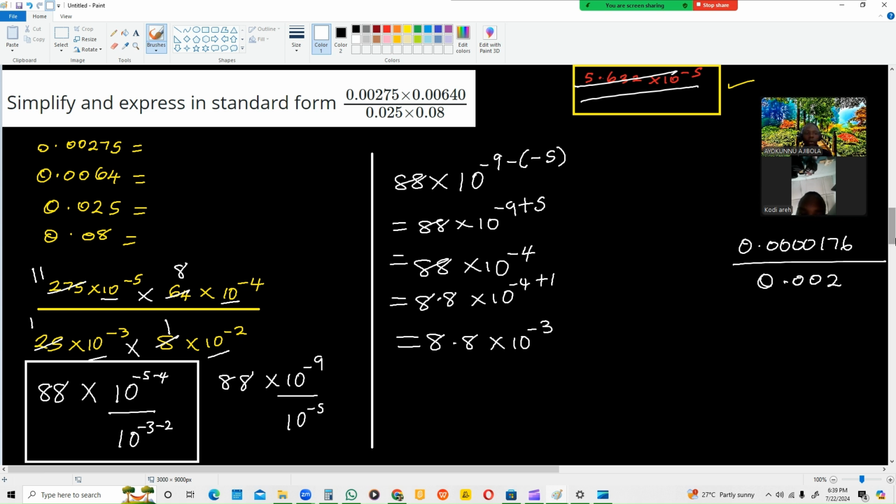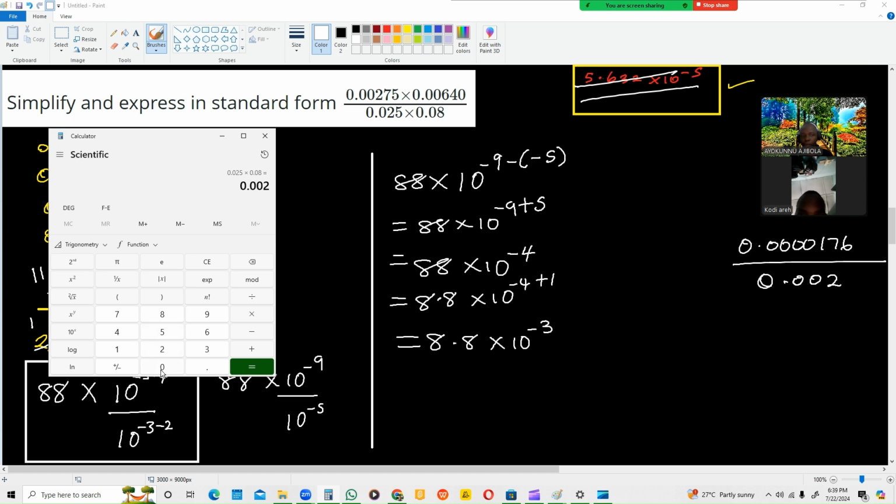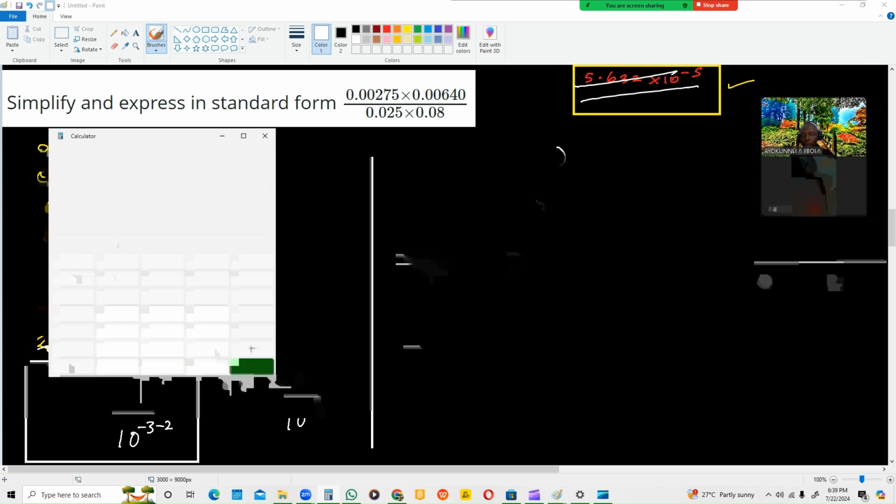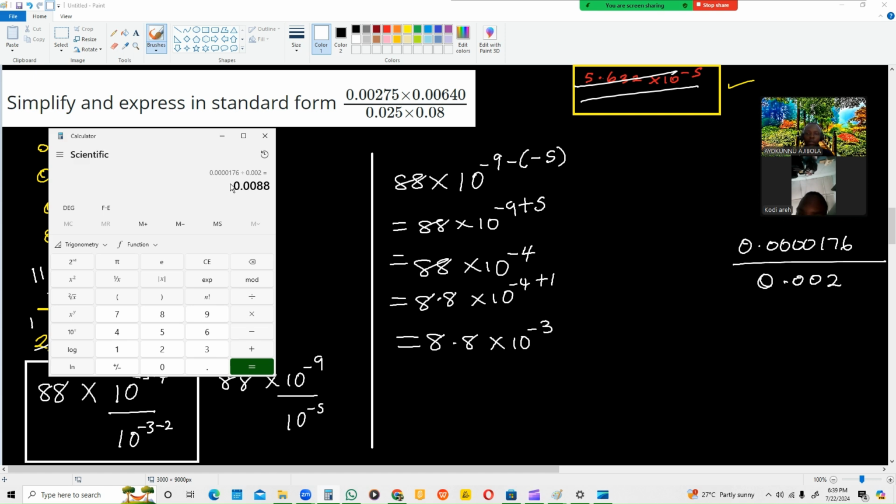So I want to divide this by 0.002. Okay, let me now get straight to the business. So I have 0.0001234176 divided by 0.002. Then this gives me 0.0088.